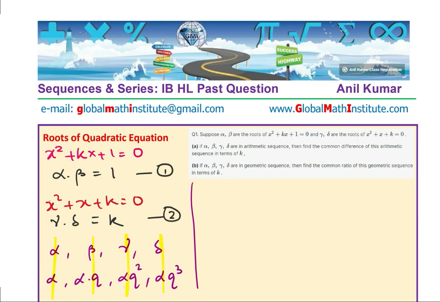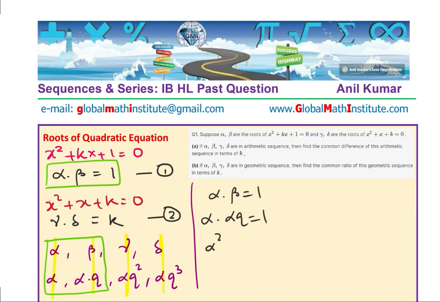So easily we can write what equation 1 will be. Alpha times beta means, if I multiply alpha times beta, then I get 1, right? So let's rewrite this. Alpha times beta equals 1 means alpha times alpha q equals 1, or alpha square q equals 1, correct?